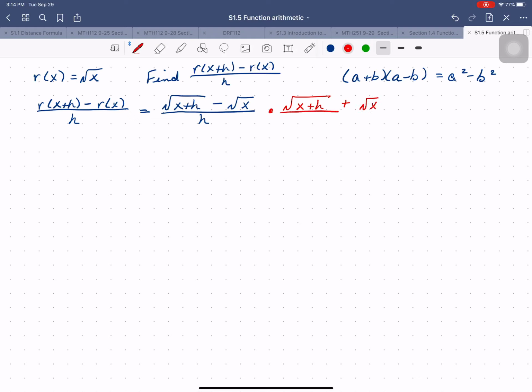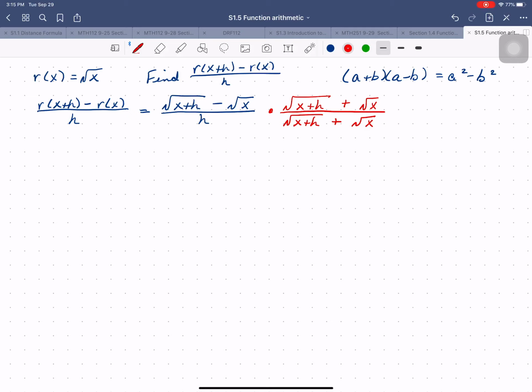So in this case, my square roots are all in the numerator. So I'm multiplying by the conjugate of the numerator, but I can only multiply by 1 because I cannot change a value. So when I multiply by 1, it looks like root x plus h plus root x over root x plus h plus root x.